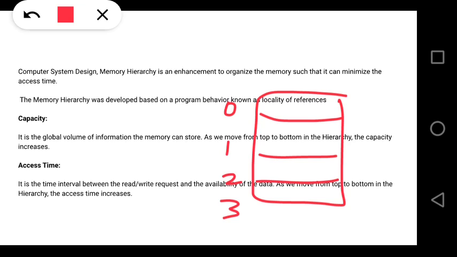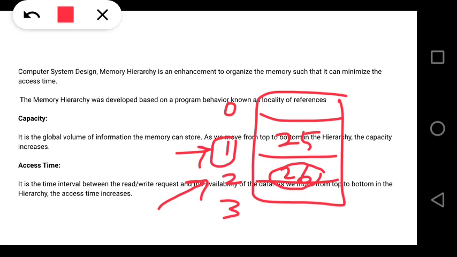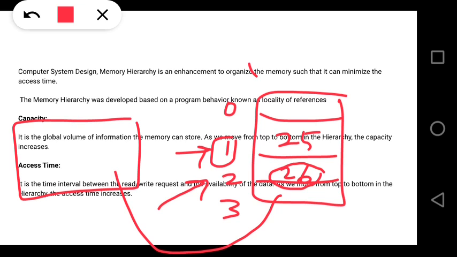If this is my memory and it is divided into four parts, these are the addresses of the memory. Now I am accessing a memory word at memory location 1, address 1. Then it's a natural tendency that next we may access 26. So with an expectation of accessing the next element 26, we keep the 26 ready. Let's assume this is main memory and this is cache memory.